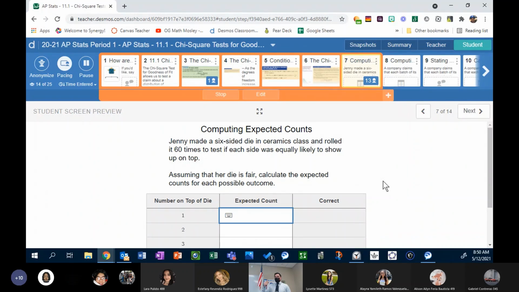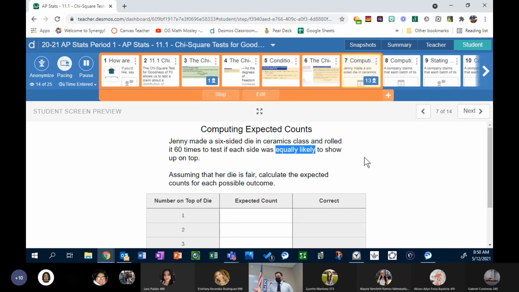But so that's one way to do it, all right? However, the key thing here is that we're looking at things that are supposedly equally likely. Each side has the same probability of ending up on top. Right?